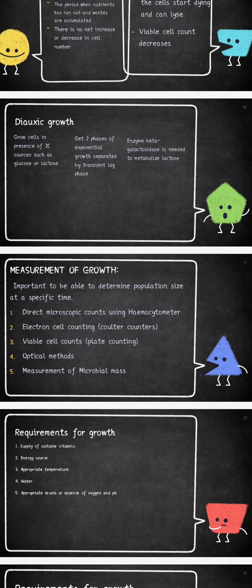So next would be the measurement of growth of your bacteria or your microbes. In measurement of your growth, it is important to determine the population size of your microbes at a specific time, because it is used to quantify the severity of an infection.